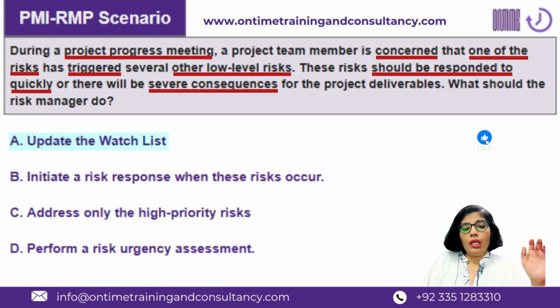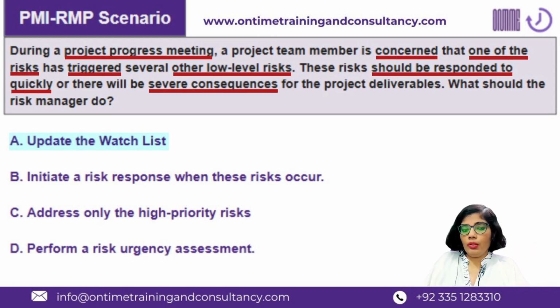Update the watch list. The watch list may or may not be updated in this case because, by primary risk, I mean the main risk which is being considered over here. As the principal risk has triggered several other low-level risks already, most likely the low-level risks are not staying at low priority level anymore, for obvious reason because they are now triggered.